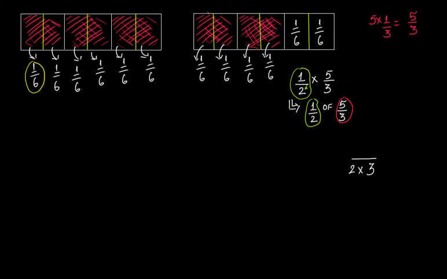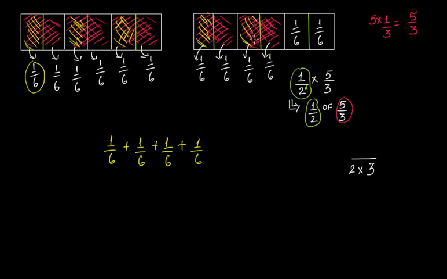Right? So if we take out 1/6 from here, plus 1/6, another 1/6 from here, plus 1/6, plus another 1/6 from here, 1/6, and another one from here, plus 1/6, right?